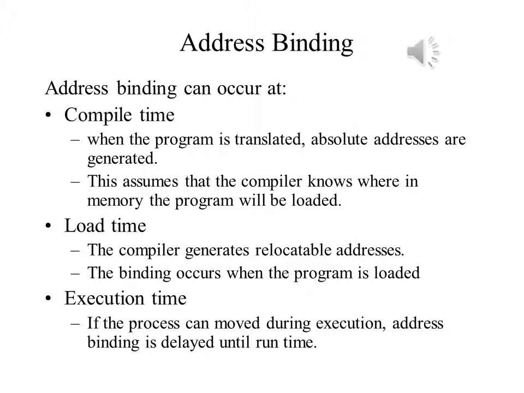There are different points in the translation of a program where an address can be created. Addresses can be bound to a variable, or a variable's address can be set at compile time, load time, or execution time. Some programs are destined for a particular portion of memory.